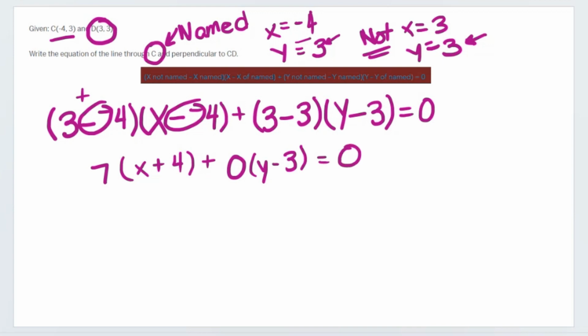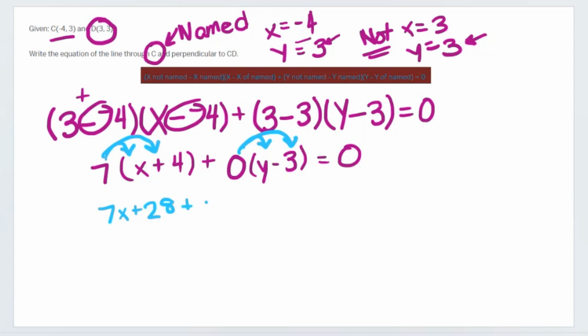Now I can go ahead and I can distribute. So I have 7 times x, 7x. 7 times 4, that is 28. And here, it's 0. 0 times anything is 0.